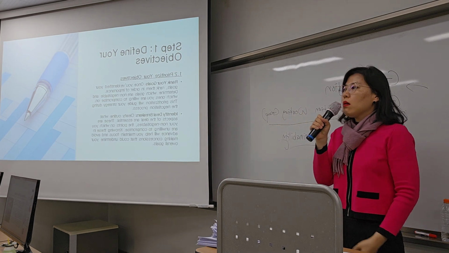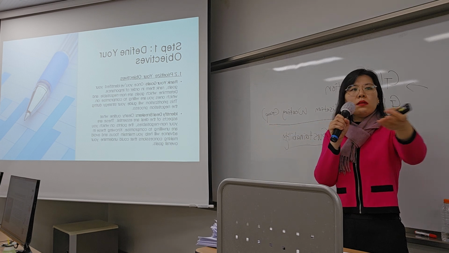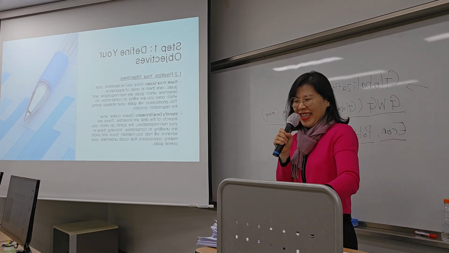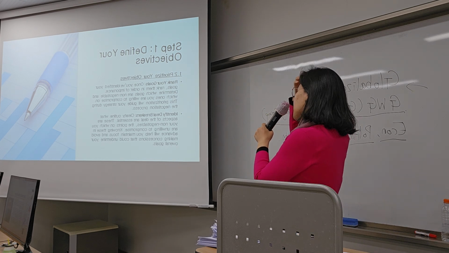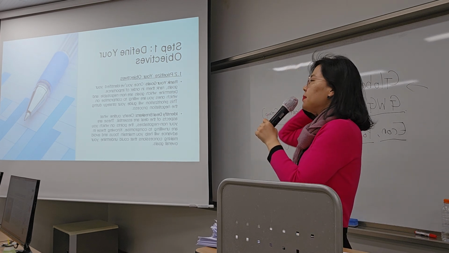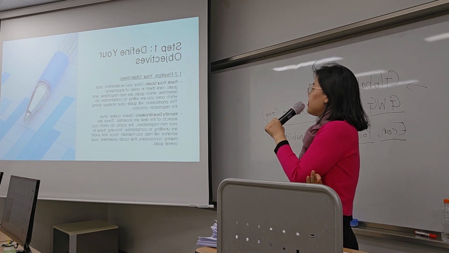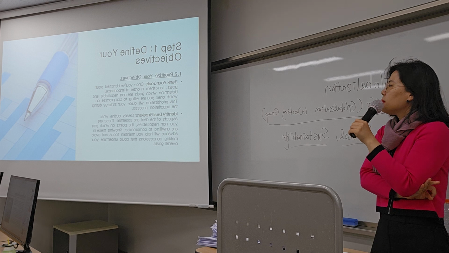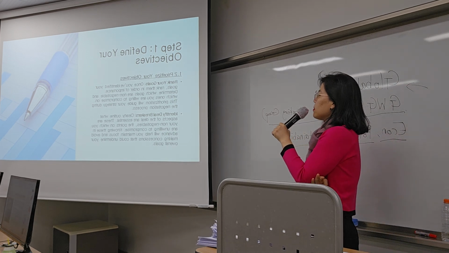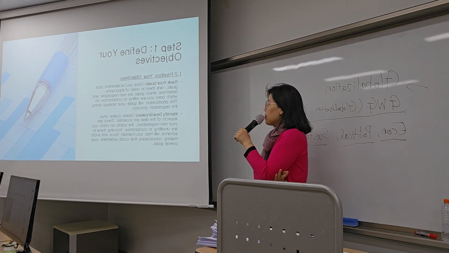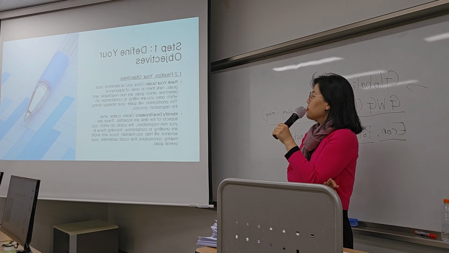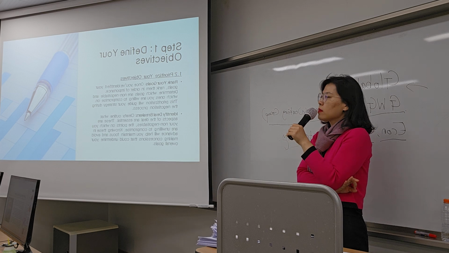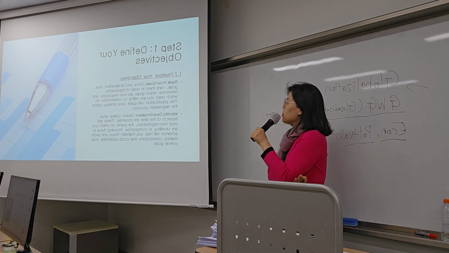Second, whose turn is it? Who was reading? Me? The second step? Define your objectives. Prioritize your objectives. Rank your goals. Once you have identified your goals, rank them in order of importance. Determine which goals are non-negotiable and which ones you are willing to compromise on.